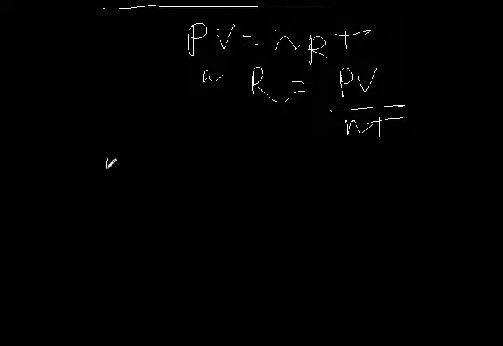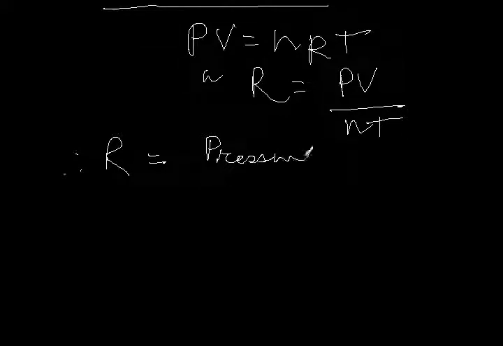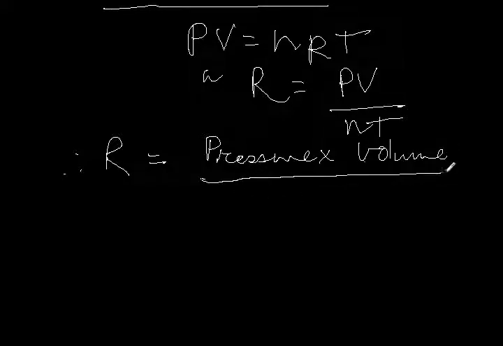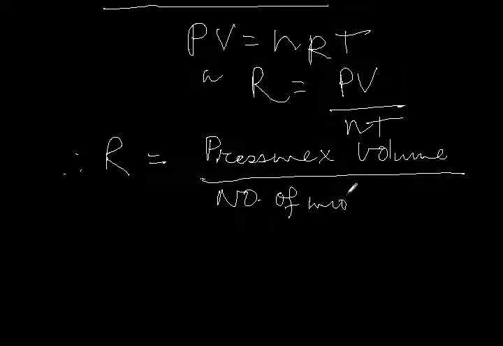Now R equal to, therefore R equal to, P means pressure, into V volume, divided by n means number of moles, into T means temperature.